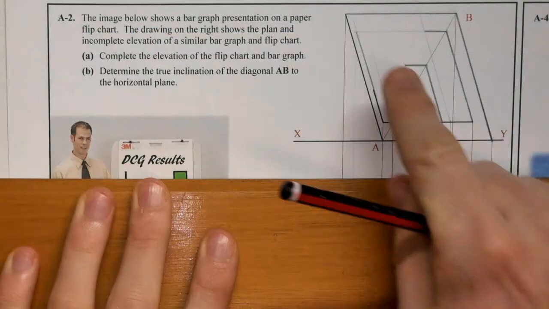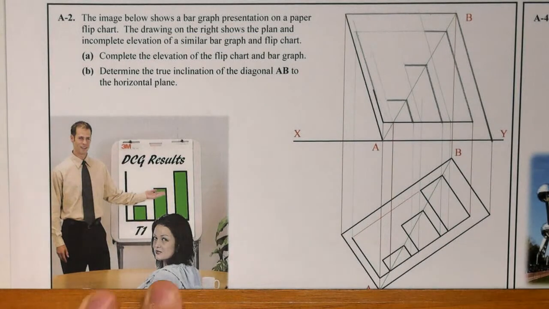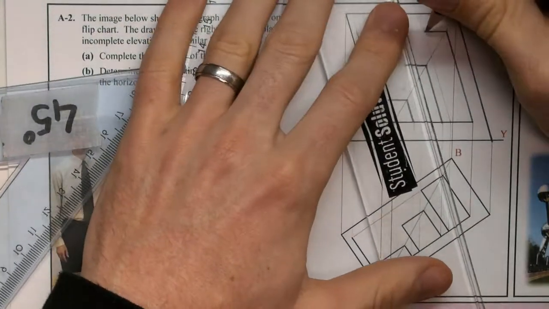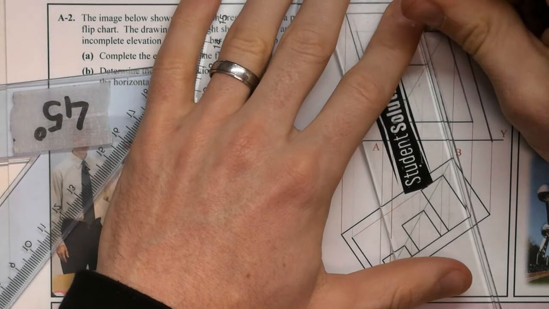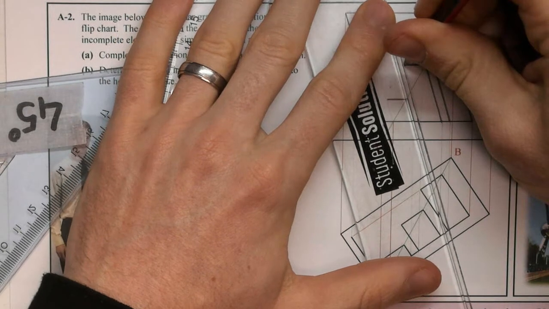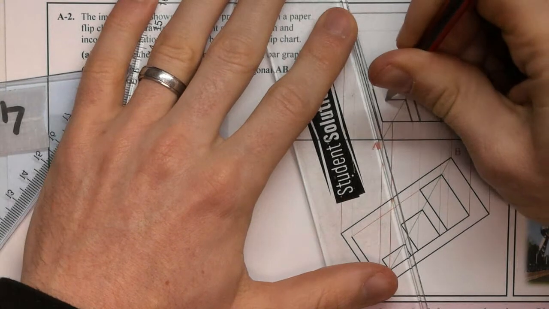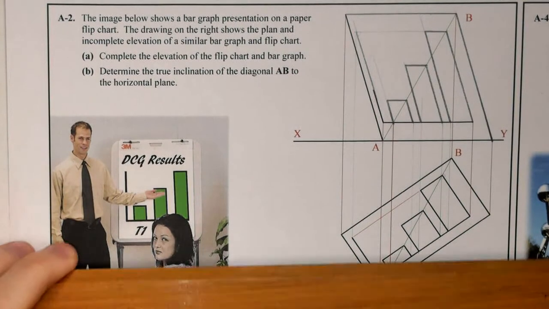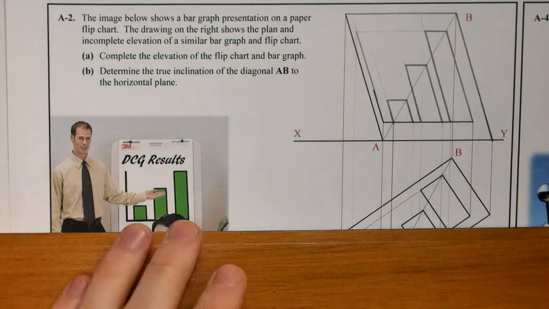We can see that those are in line as well, where they should be. And I can finish that off by running over those parallel lines that I've established. Okay, so that is my graph and flip chart completed.